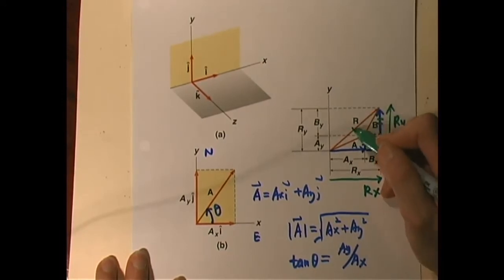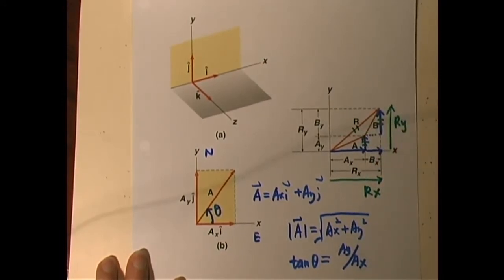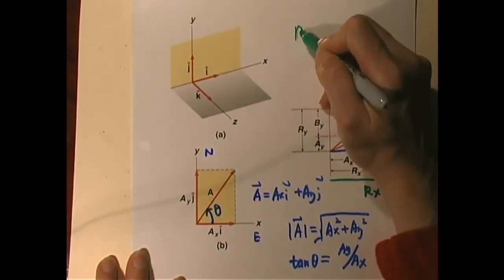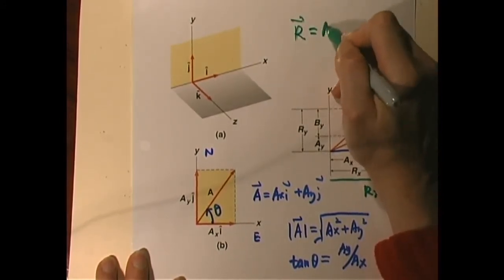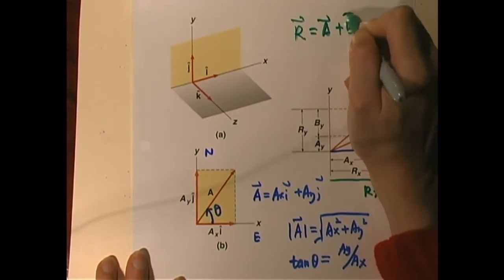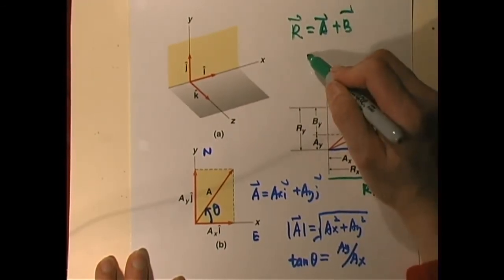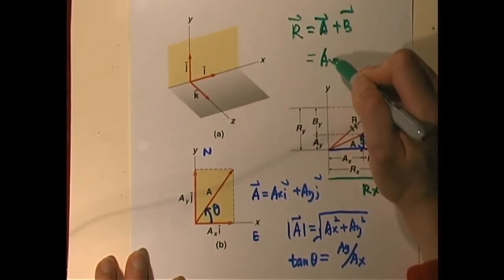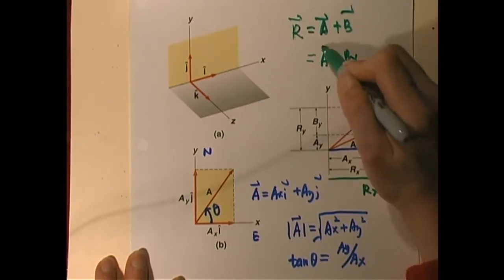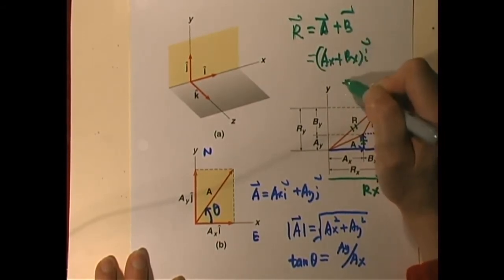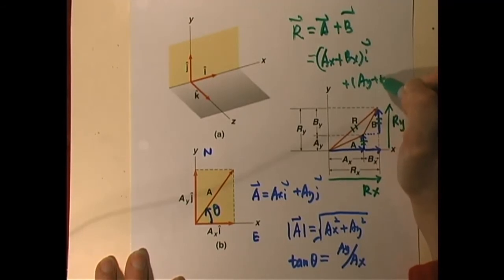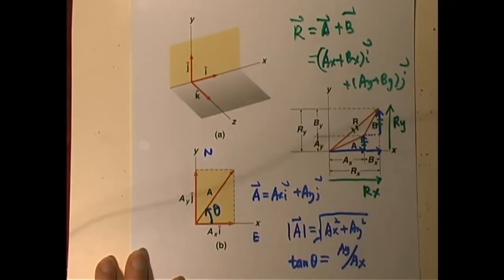So that is our resultant R. We just learned that if we have a resultant A plus B, that is the i term, which is Ax plus Bx, the i term, and Ay plus By of the j term. So graphically, that's what it means.